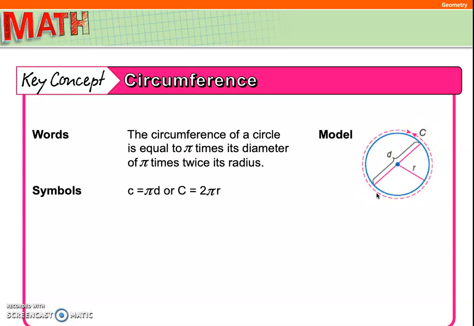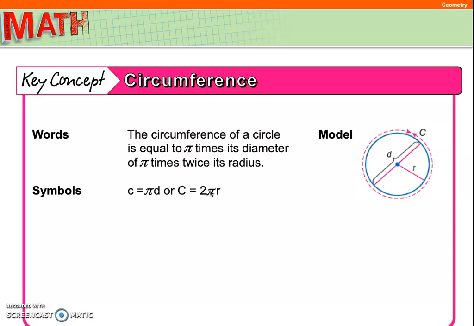If it's the radius, remember we have to double the radius to get the diameter, so we'd do the radius times 2, and then multiply that by pi. And since we're multiplying here with 2 pi times radius, the order doesn't matter. So I typically like to just double the radius first and then multiply that by 3.14, but you can do it in any order. It will not matter.